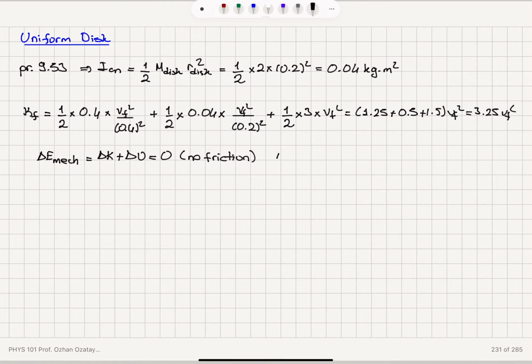So we find that delta K must be equal to minus delta U. So we can write 3.25 V final squared must be equal to 73.5 joules, the minus the change in potential energy, which gives us, for the final answer, V final should be 4.76 meters per second.